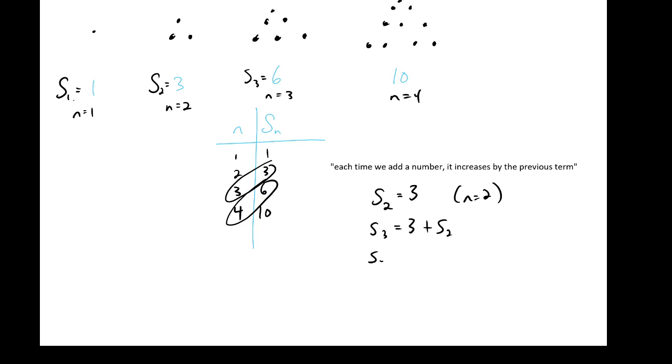Or even S sub 4, we took 4, right, and we added S sub 3. And S sub 3, of course, right, was 6. So if I'm trying to find any number in the sequence, S sub n, well, take a look at what we did here. Pattern-wise, it's going to be n plus the previous term, which we describe as S sub n minus 1. Okay?